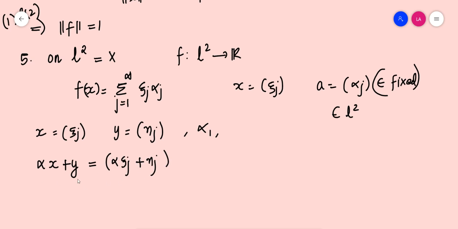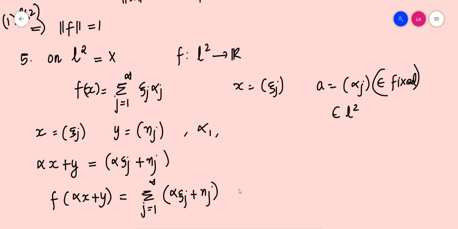Now f of alpha x plus y, by definition, is summation j is equal to 1 to infinity of alpha theta j plus eta j times alpha j. Since each of these component series is absolutely convergent, because f of x is defined and f of y is defined, we can split the sum.